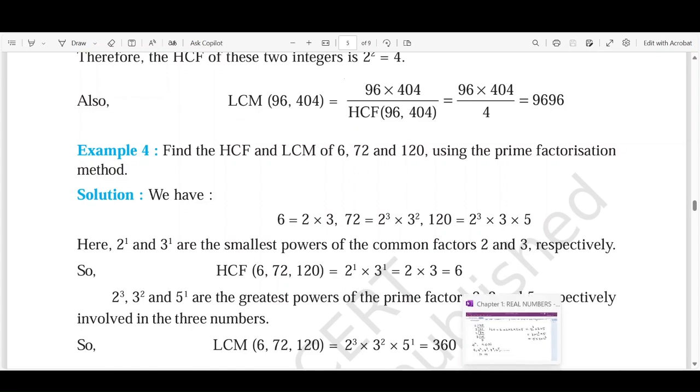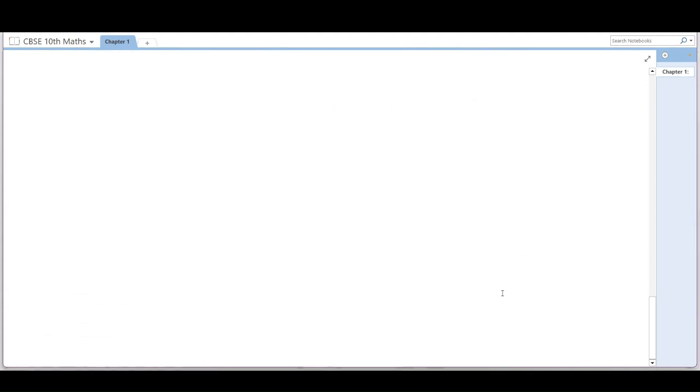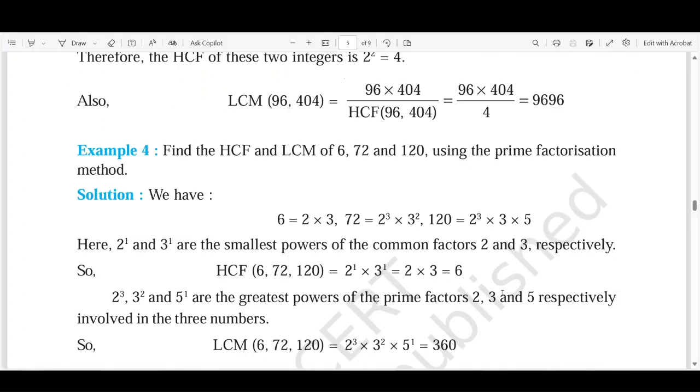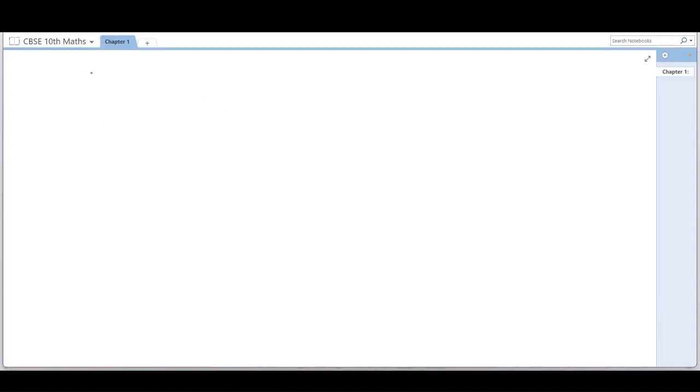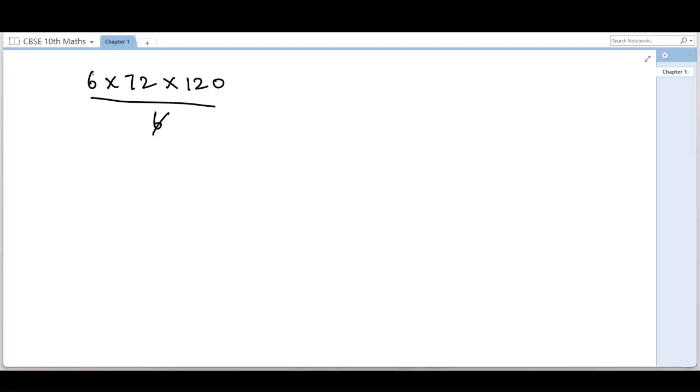By applying the above idea, by dividing the product of the numbers by the HCF, we can easily find the LCM. So if you multiply 6 into 72 into 120 and divide by the HCF, which we have determined is 6, we could determine the value of LCM to be 8640.